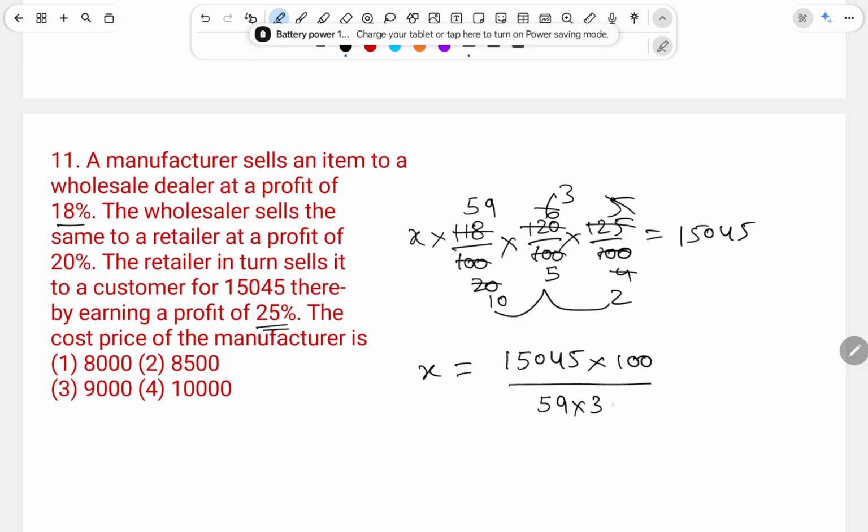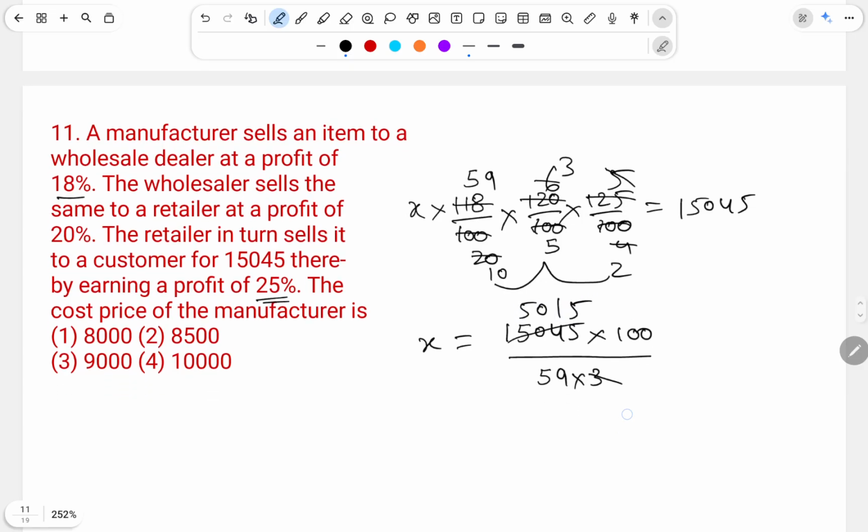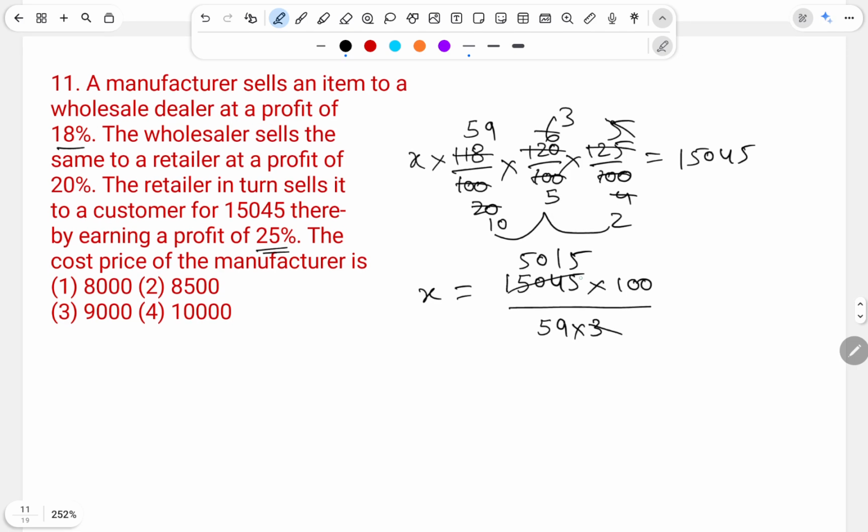Now by 3, how many times it goes? 3 5s 15. 59, how many times it goes? The last two zeros must be there, and 59 into 5, 5 into 9 must give 5 as the unit digit.